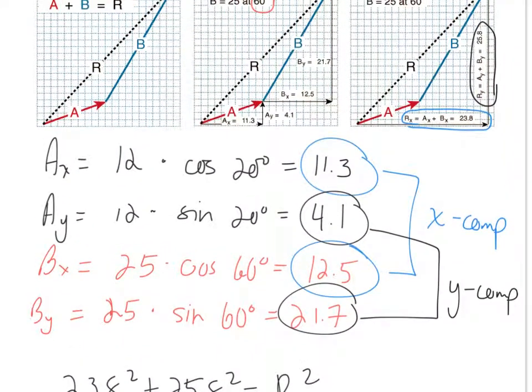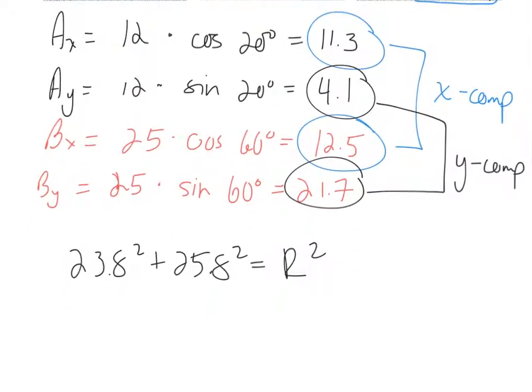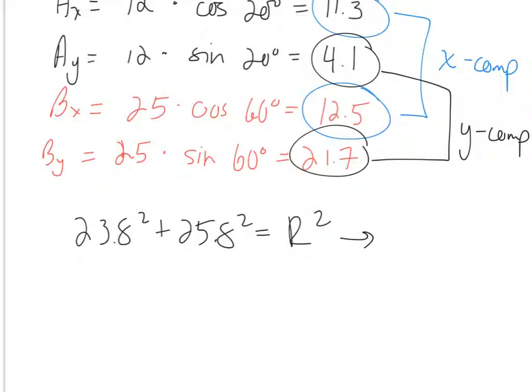This comes from this last diagram right here. 23.8 squared plus 25.8 squared equals r squared. And then we can find this angle, again, by doing the tangent equals y over x. So this yields a value of r equal to 35.1.